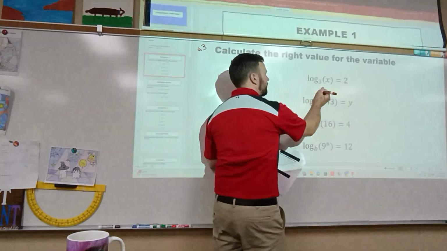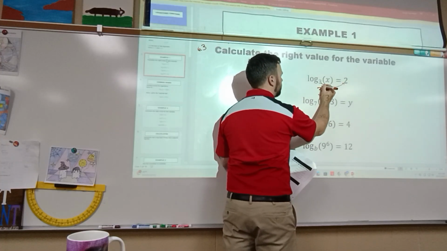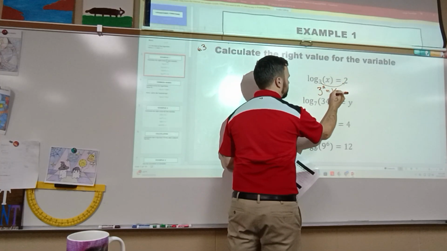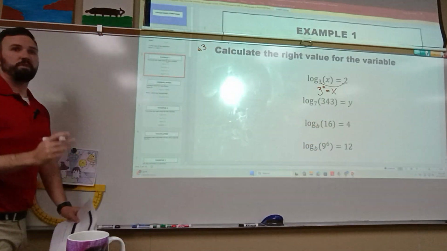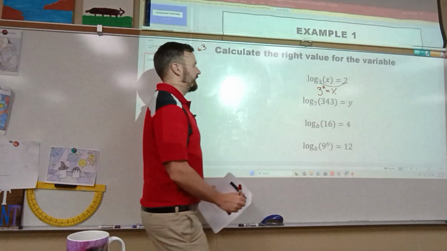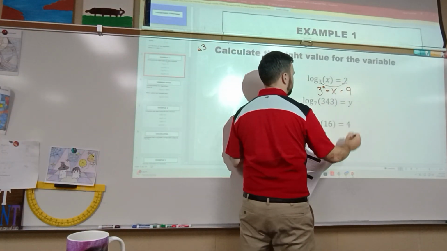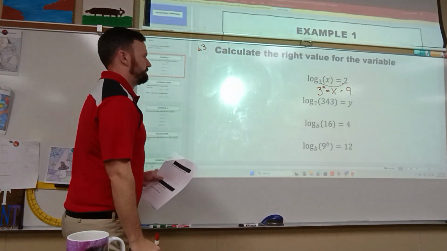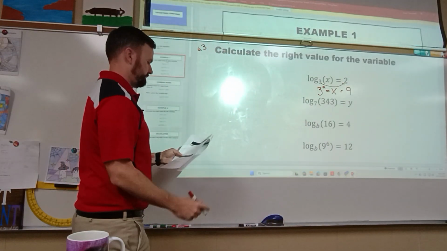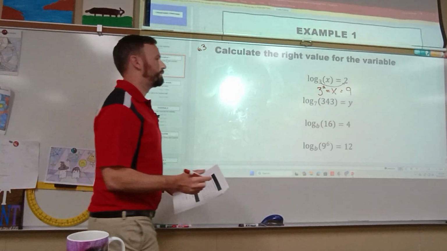So when I see a log, this tells me that 3 to the 2 equals x. The base to the what's equal to the x. So that'd be 9. I don't know how you're supposed to know this one, but we'll do it.